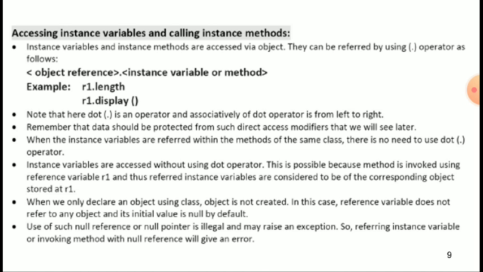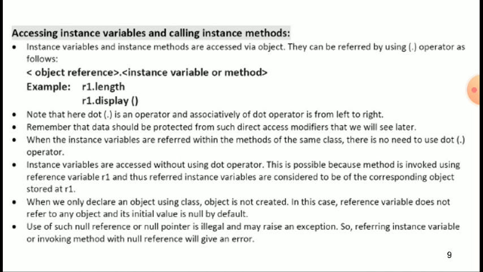Example: r1.length and r1.display. Note that here dot is an operator and the associativity of the dot operator is from left to right. Remember, the data should be protected from such direct access by access modifiers, which we will see later.